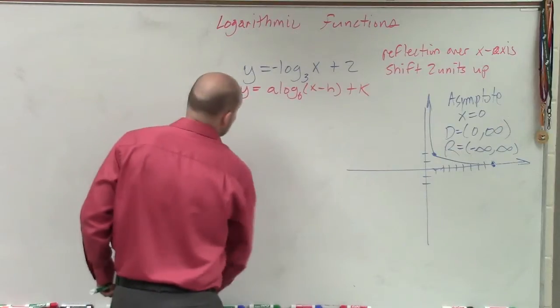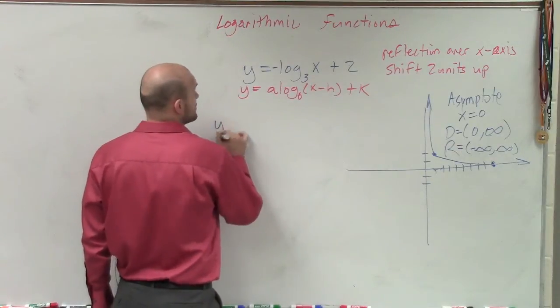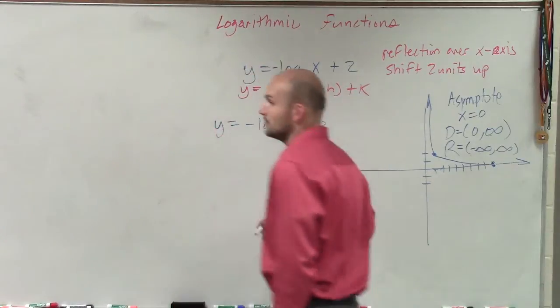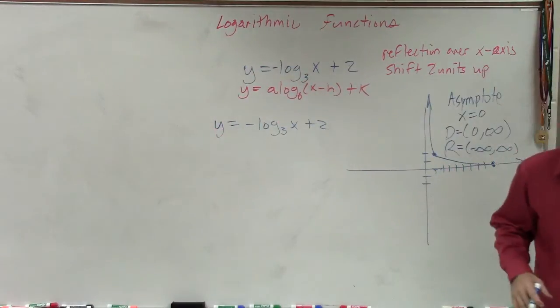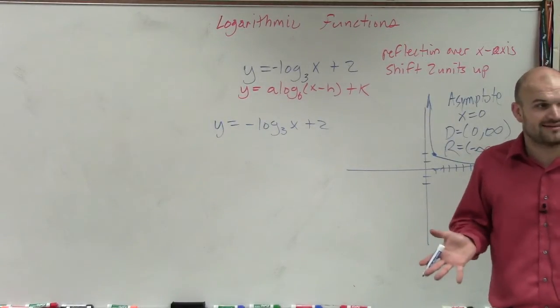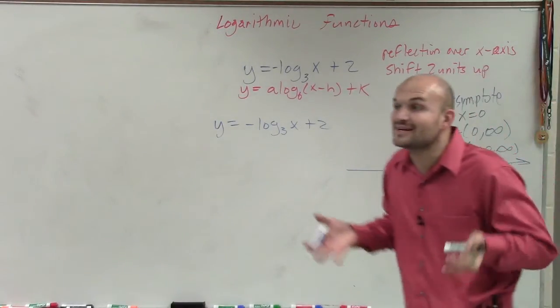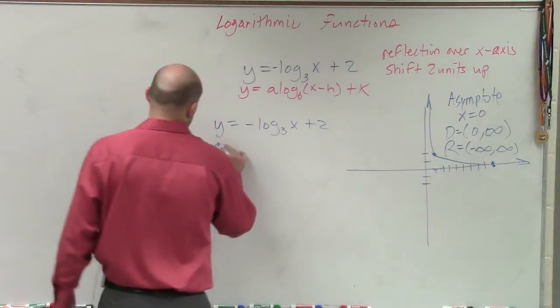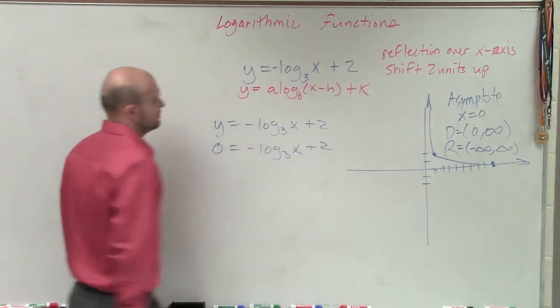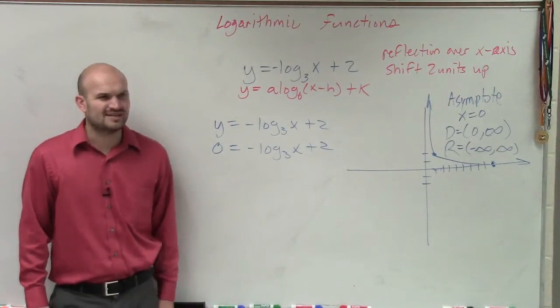So ladies and gentlemen, if I give you a crazy equation like this, y equals negative log base 3 of x plus 2, if I give you an equation like this and I say, find the x-intercept, what do you think you're going to plug in for what? You're going to want to plug in a 0 for the y. How am I going to solve this?